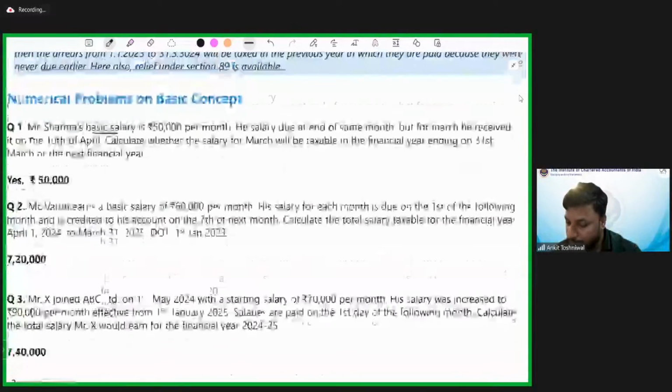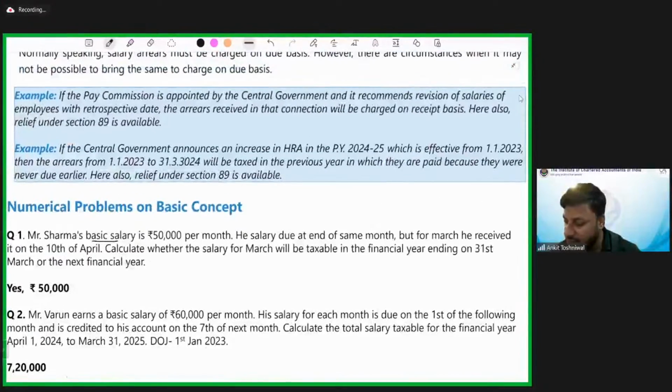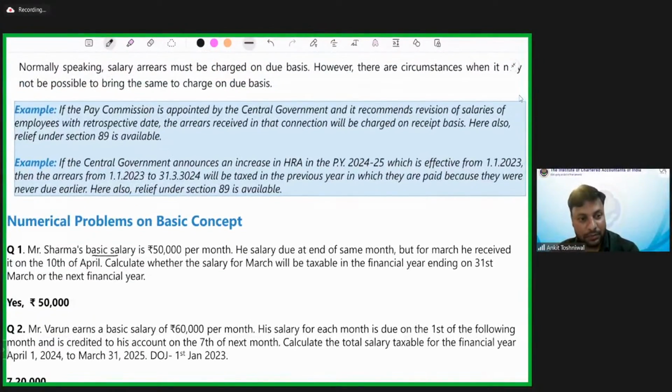Second question. Varun, basic salary 60,000 per month. His salary for each month is due on the first day of the following month and is credited to his account on the 7th day of the next month. Due on first day of the next month, right? Received on 10th of the next month.